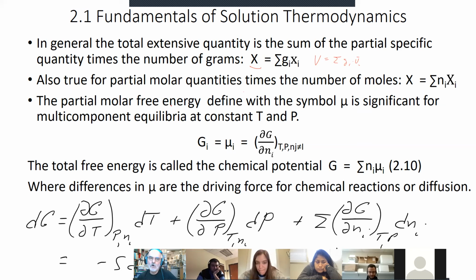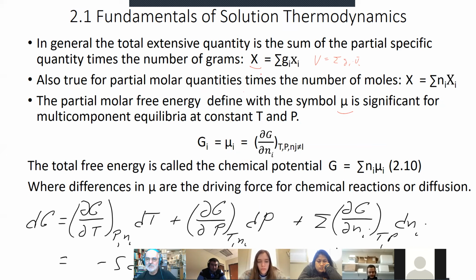The partial molar free energy can also be calculated. It's the partial of G with respect to N, at constant temperature, pressure, and number of moles. We give it a special symbol called mu, and we do this because we want to understand something about multi-component equilibria. So this is the definition.